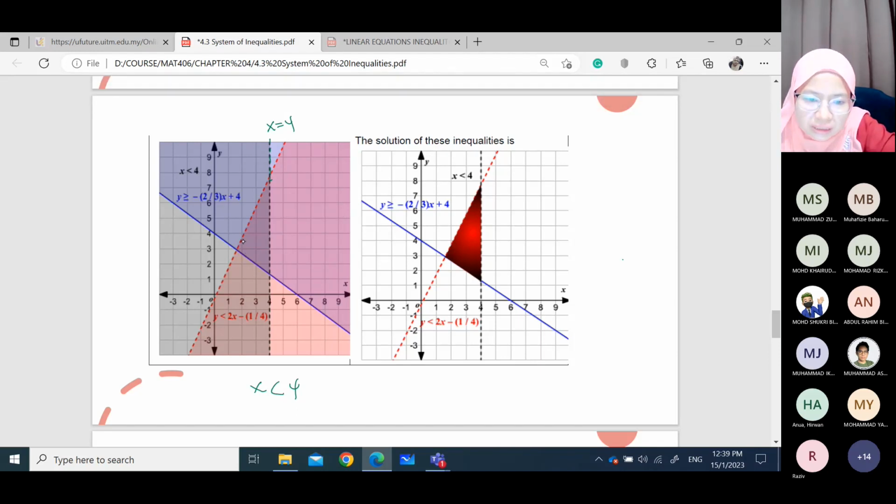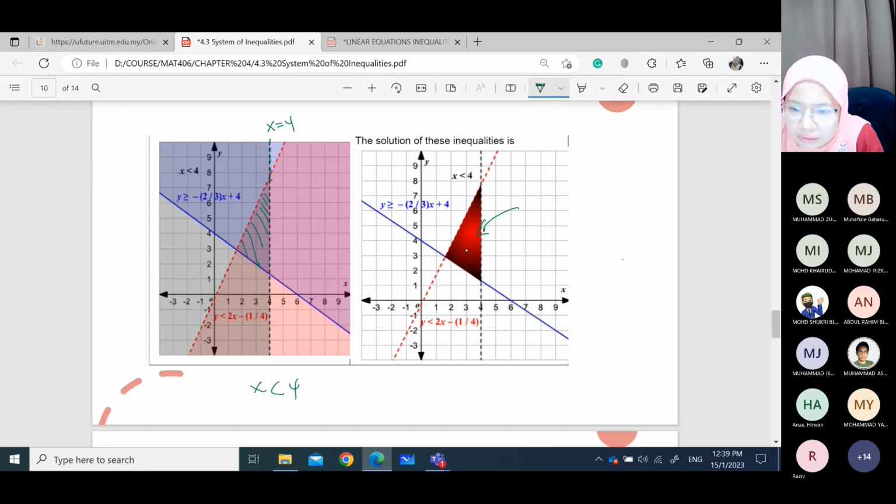Kalau kita tengok dekat sini, ini dia overlap untuk semua color. Semua kita shade region dia kat sini. Alright. So here we can say that the solution is in this region. Okay, so the solution of these inequalities is this one. So apa solution dia? Berada pada region yang ini. Titik-titik yang berada di dalam ini, itu adalah solution bagi inequalities yang diberikan tadi. Okay?